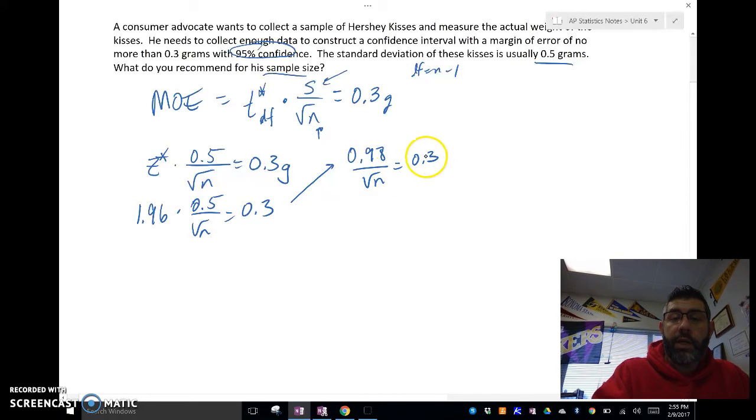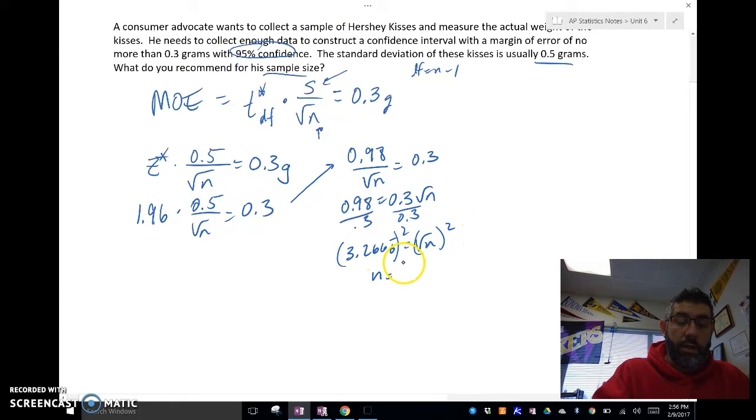I'll show you the algebra here, although you probably don't need to do all of it. Divide by 0.3, and that gives me 3.2666 repeating. Now square both sides.